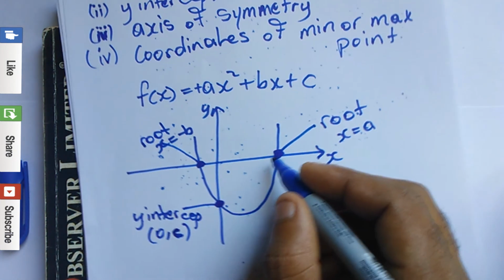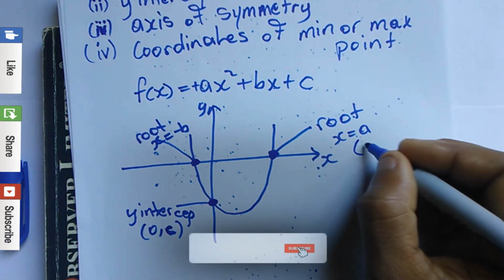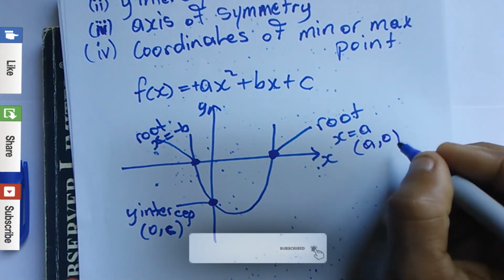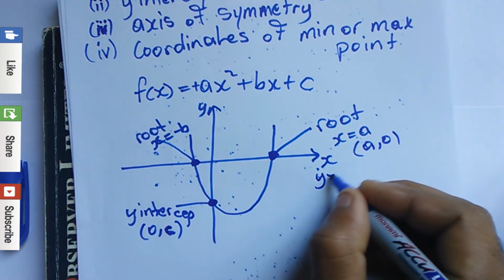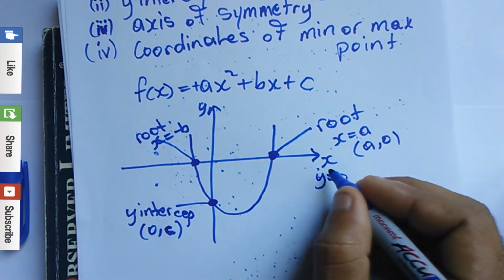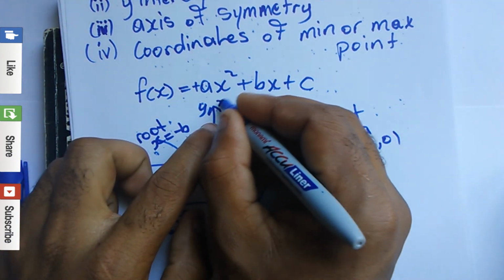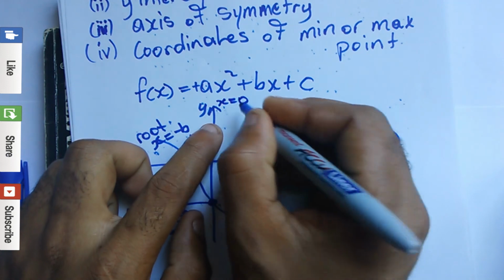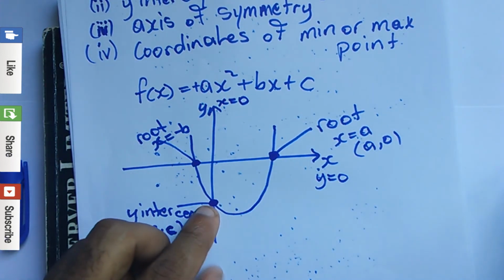Right here, the coordinates for where the graph cuts the x-axis could be a, comma 0, because on the x-axis, y is equal to 0. Another name for the y-axis is x equal to 0. So this is the root, this is another root, this is the y-intercept.